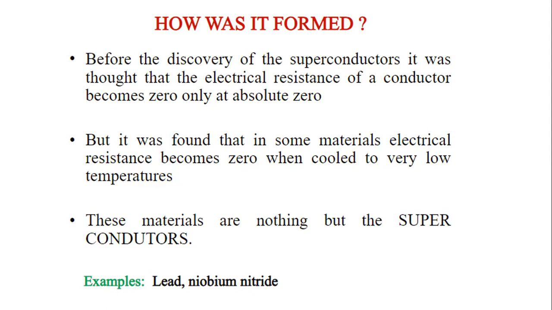These superconductors, which at a particular low temperature exhibit zero electrical resistance, are materials such as lead and niobium nitride. These are a few materials exhibiting electrical resistance nearly equal to zero.